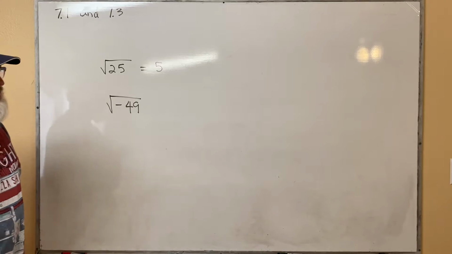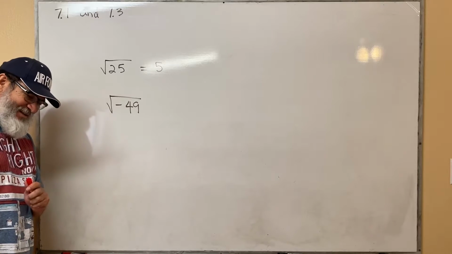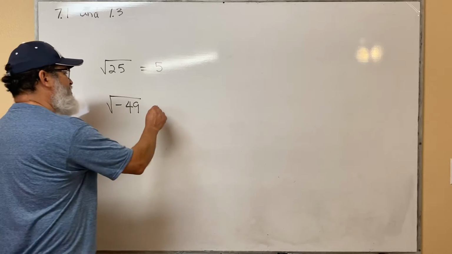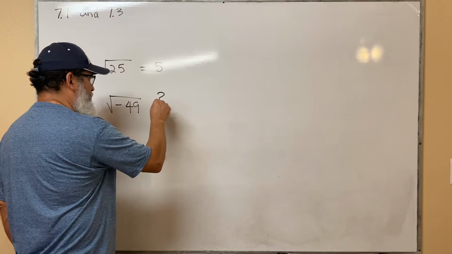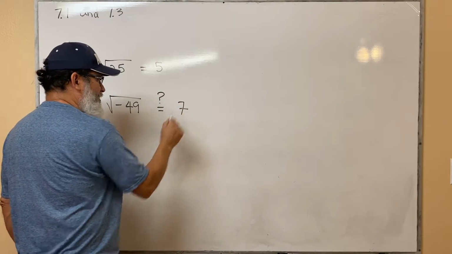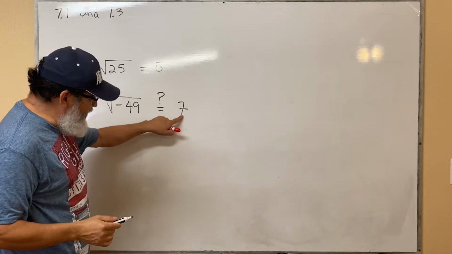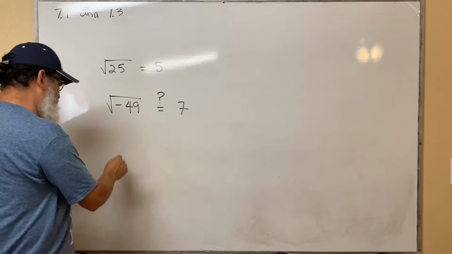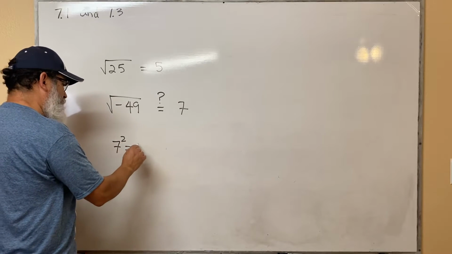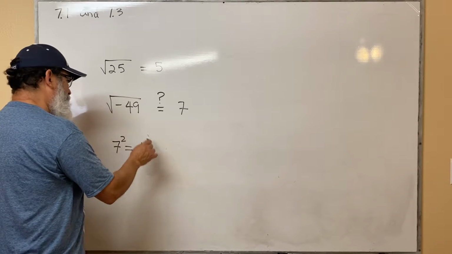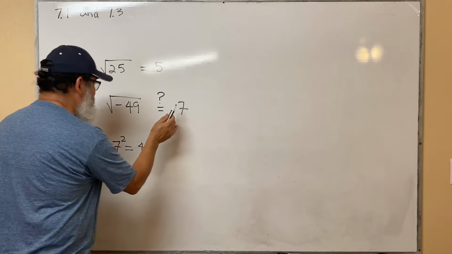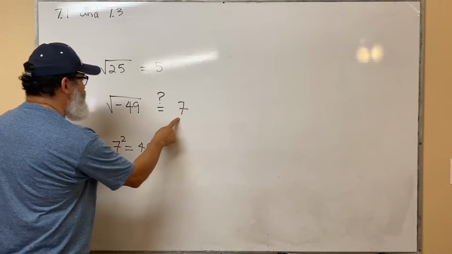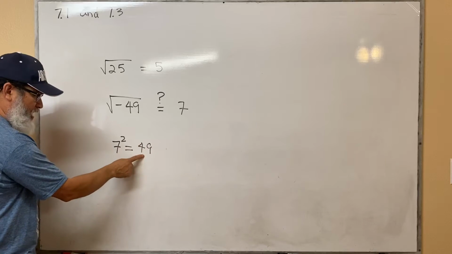If you say 7, does 7 squared equal negative 49? Let's see, 7 squared equals 49. Oh, no. So this is not true, because when you square 7, you don't get negative 49, you get positive 49.